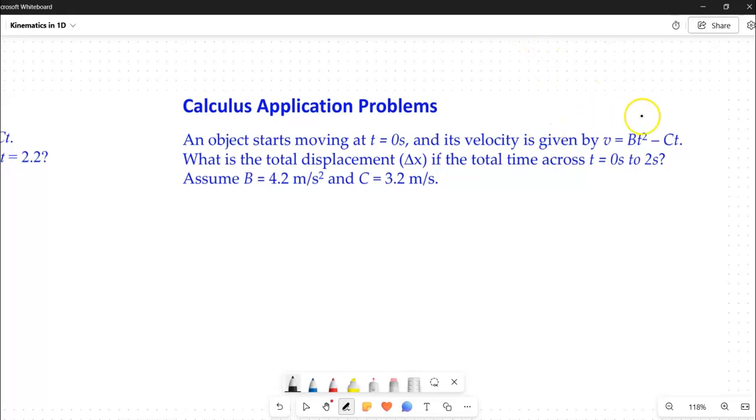So this is weird. In a velocity equation, this c is actually going to be our acceleration. This b is going to be a jerk, which is a j.